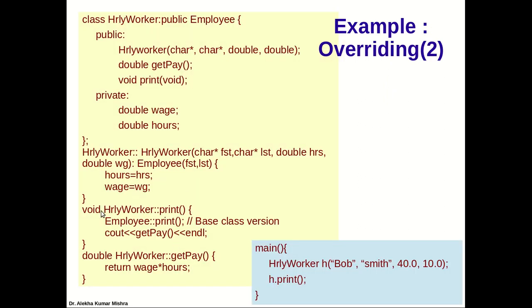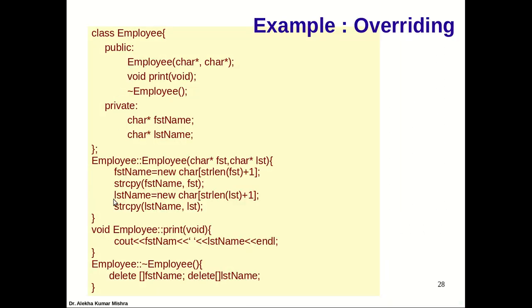Whenever we refer to print here, it will call this print. When you call the print function for an hourly worker object, it is going to call the derived class print function. Even if the print function of the employee is available here, whenever we refer only to print, it refers to the overridden print function. So this print overrides the print of the employee.